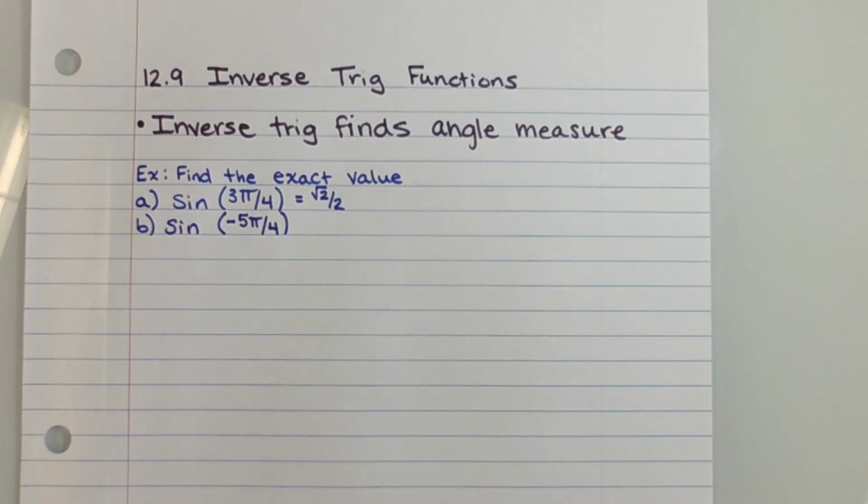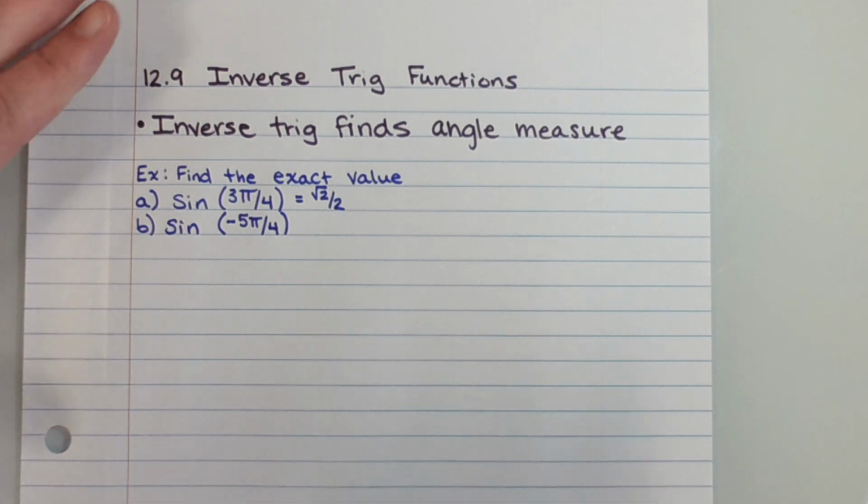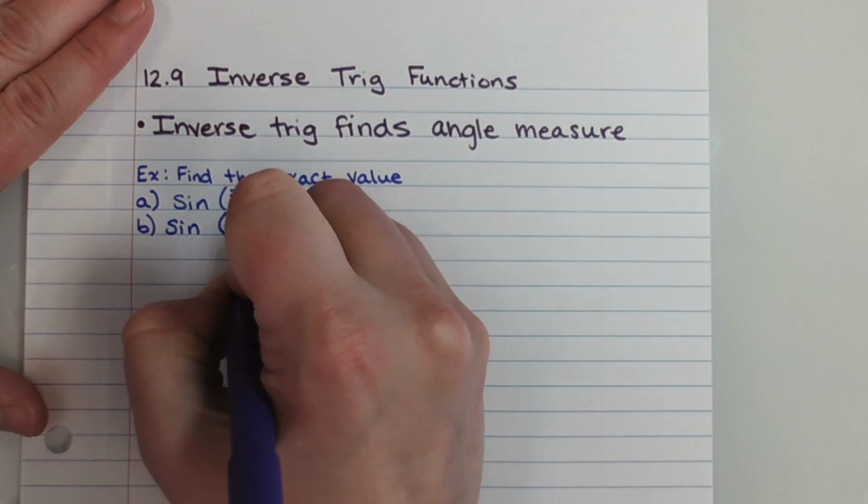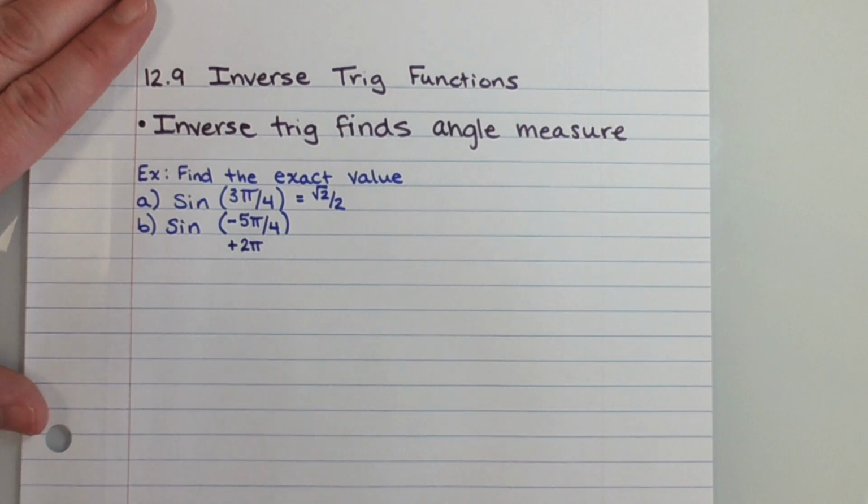What if I want to do sine of negative 5 pi over 4? It's negative 5 pi over 4 on the unit circle. No, it's too small. I don't have negative angles on the unit circle. So I do what? I find a coterminal angle by adding 2 pi to that angle.